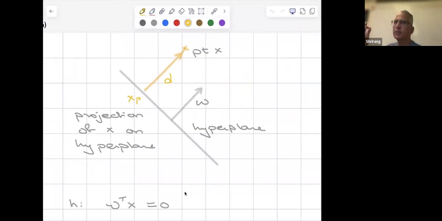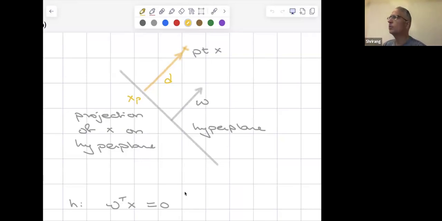In perceptron, it gives me a separating hyperplane. I can ask the question, and there's a reason for this: what is the distance between a point and the hyperplane itself? I want to know how close the hyperplane is to a certain point, or how close the point is to the plane. The question is, how do I calculate that?